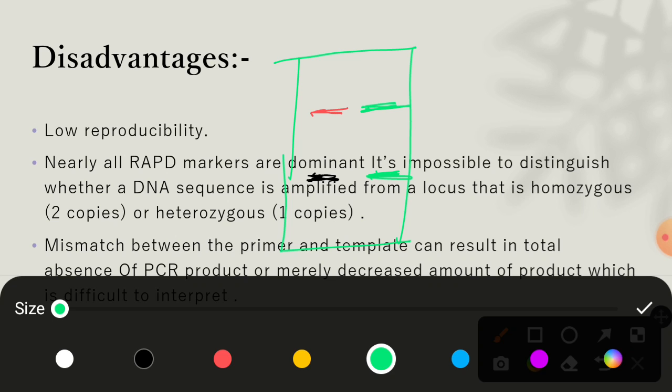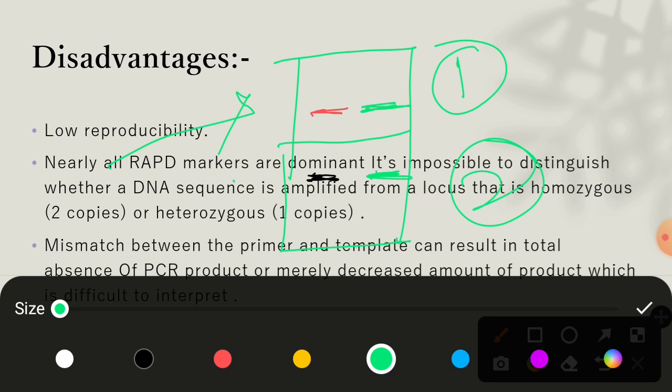Okay, now suppose it is agarose gel 1, agarose gel 2, you can get either one result. That means either the gel plate will show you that the DNA of the child is similar to the father's DNA, or the gel plate will show you that the DNA of the child is similar to the mother's DNA.